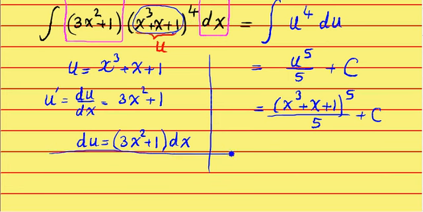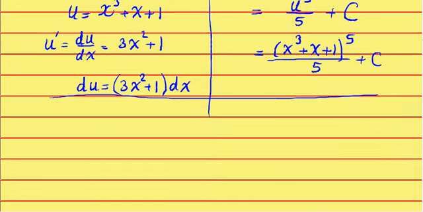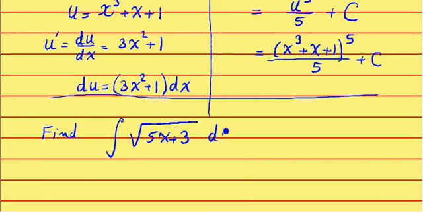Now let's learn this topic by doing several examples. Here is one example. Suppose I ask you to find the antiderivative of the square root of 5x plus 3 dx.